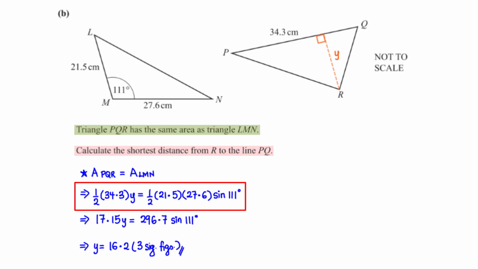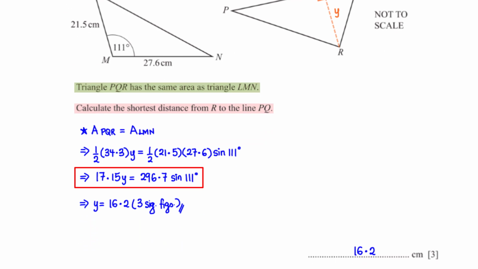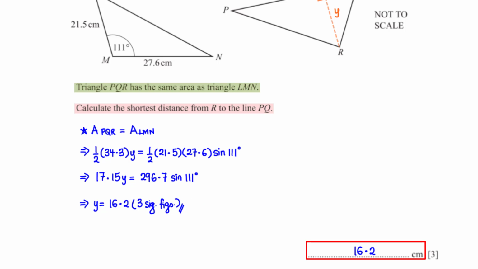Half of 34.3y is 17.15y, and half of 21.5 times 27.6 is 296.7. When we divide both sides by 17.15, we get 16.2 rounded to 3 significant figures.